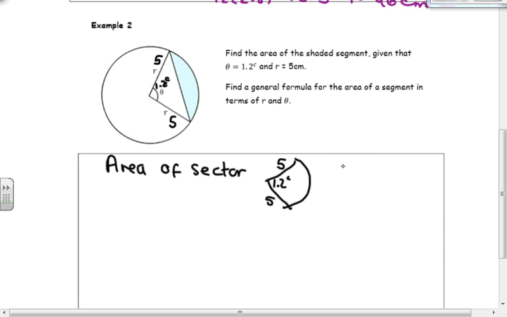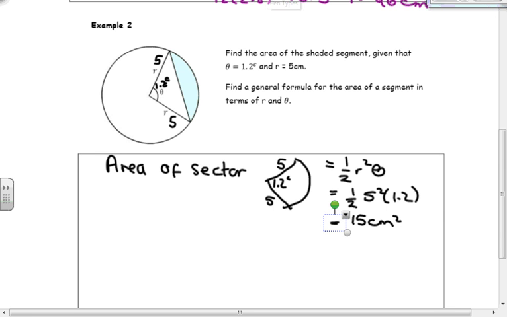So from the first page, we can find the area of this sector by using a half r squared theta. So we will have a half of 5 squared times 1.2, which is equal to 15 centimeters squared.